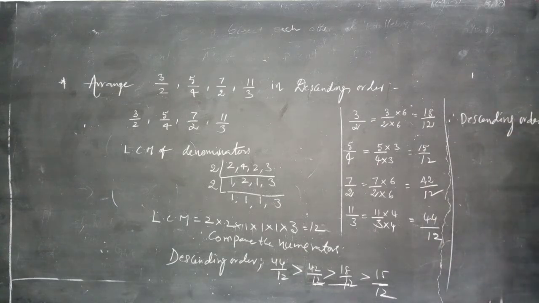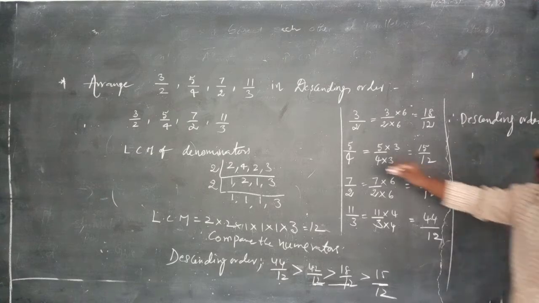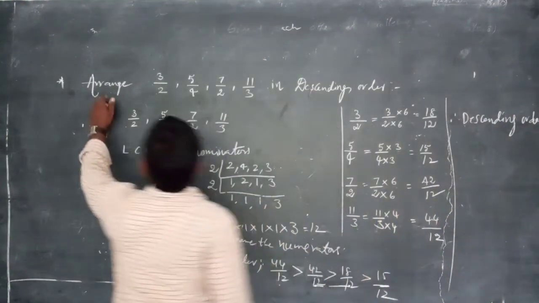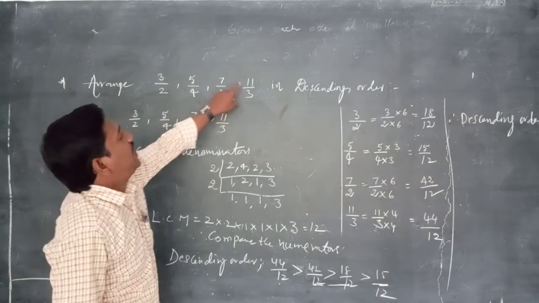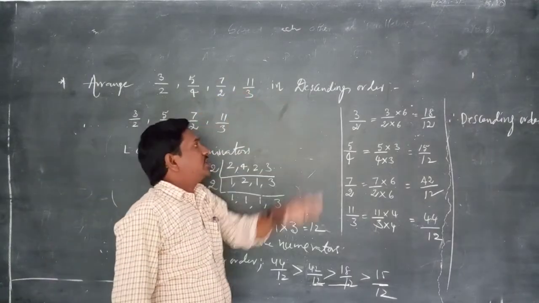So this is the descending order of the given fractions. Arrange 3 by 2, 5 by 4, 7 by 2, 11 by 3 in descending order.